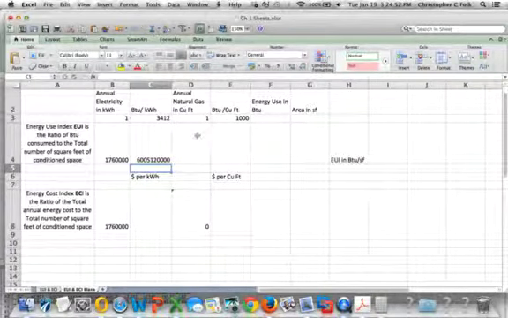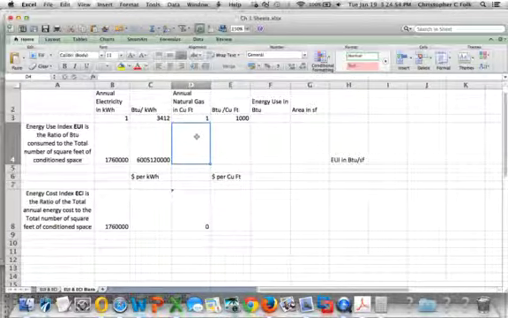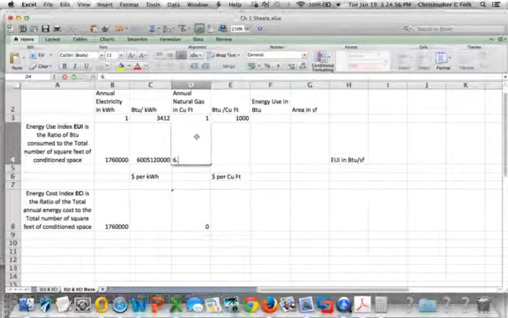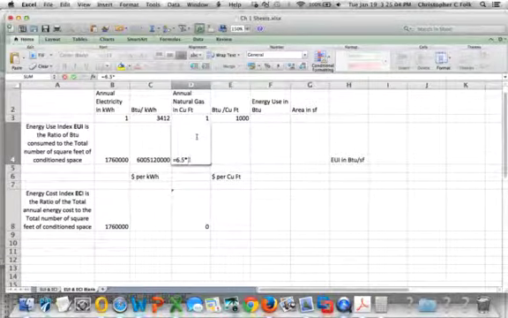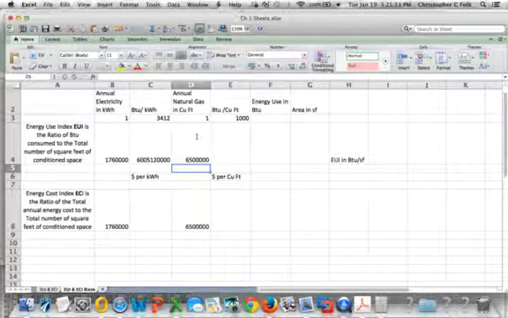We'll do the same thing over here for the gas. We know that we had 6.5. Well, we have to start with an equals. 6.5 times 10 raised to the 6th. When we hit enter, that turns into our 6.5 million.